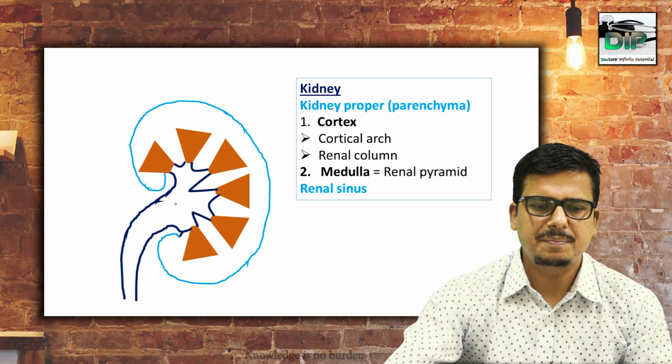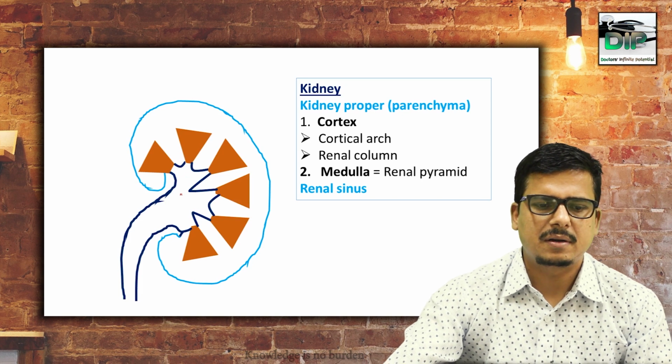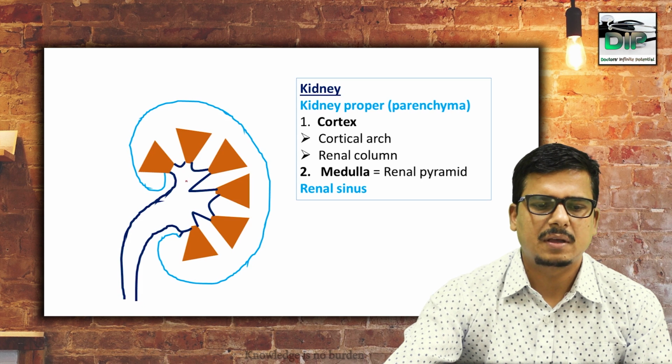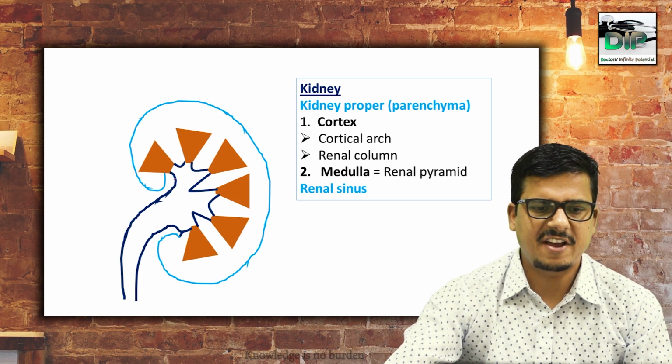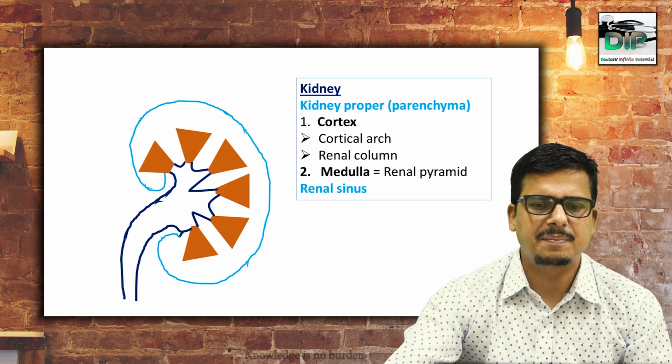The renal sinus is the medial part of the kidney where the renal parenchyma is absent, but there is the excretory duct system and renal fat, lymphatics, blood vessels, and all the other contents located in this renal sinus. So this is the potential space, and the remaining part is the kidney proper.